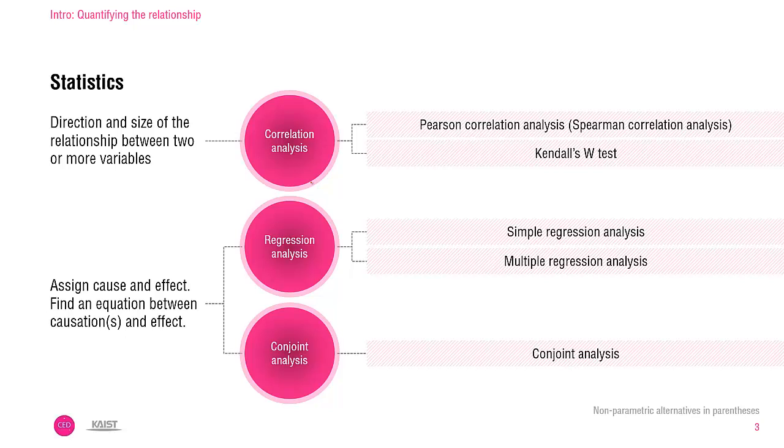The tools are grouped into 3 categories. The first one is correlation analysis. In Korean, it is called 상관관계 분석. Often, students mistake correlation for relationship. Also, in Korean, students often mistake 상관관계 for 관계.